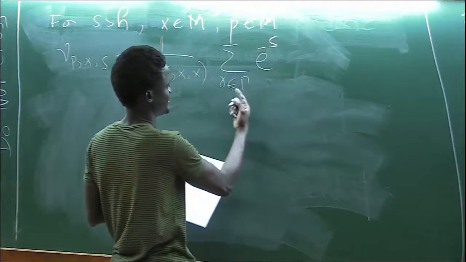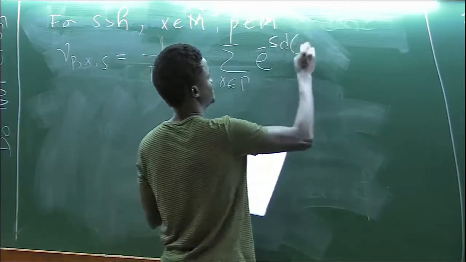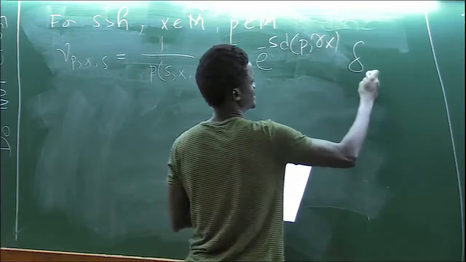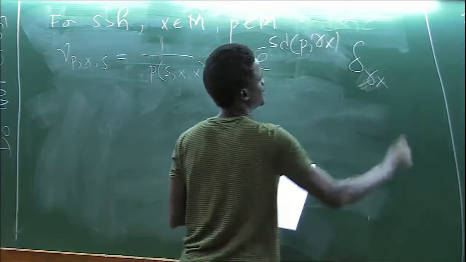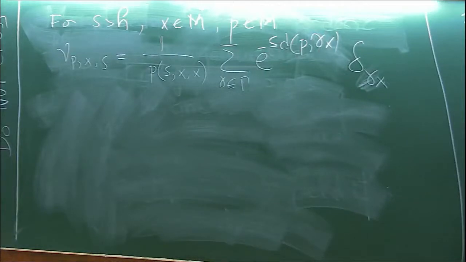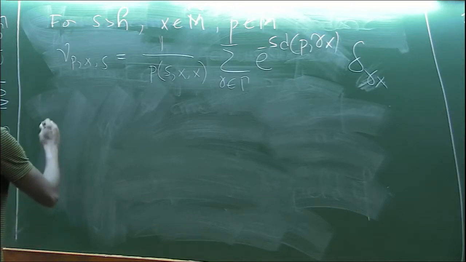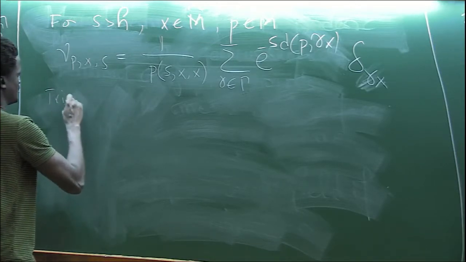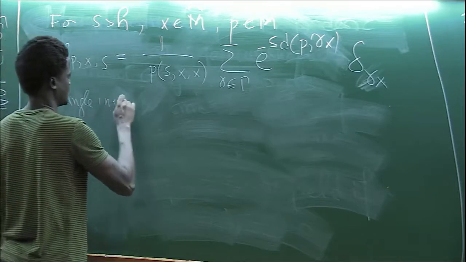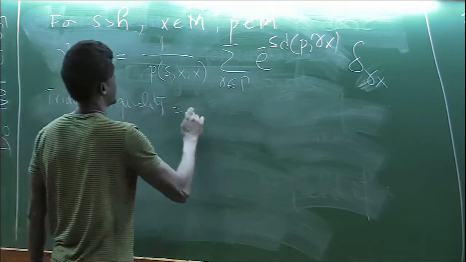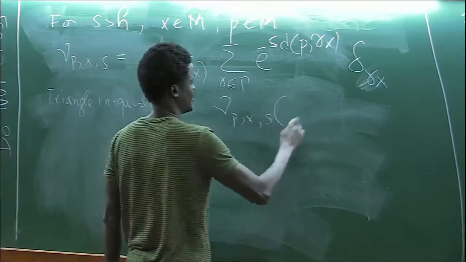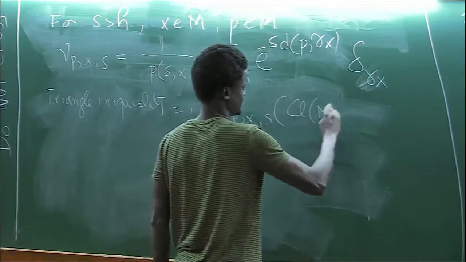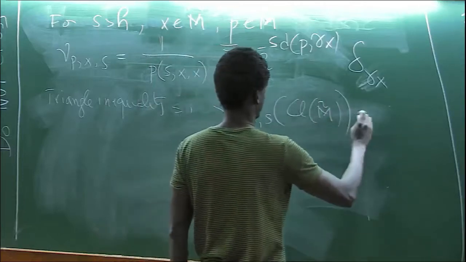And here the action is given by gamma: the sum of exponential of minus s d(p, gamma x) times the Dirac delta at gamma x. So here, by simple triangle inequality, you can see that this measure is finite. This is one of the things that I said I won't discuss, but if somebody wants to, it's finite.